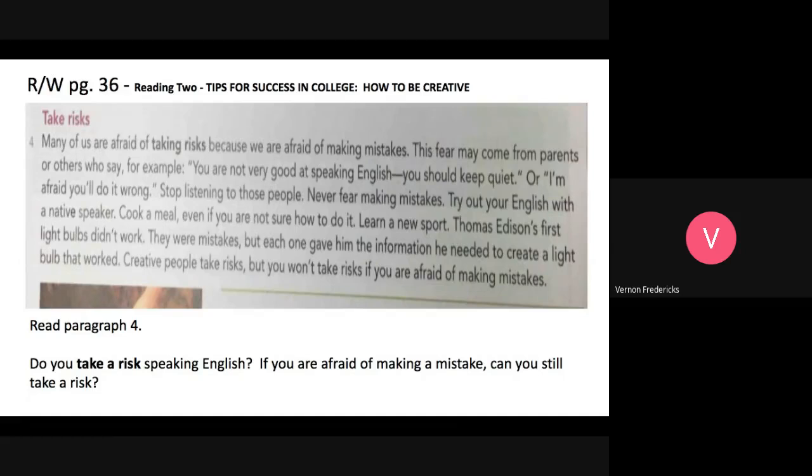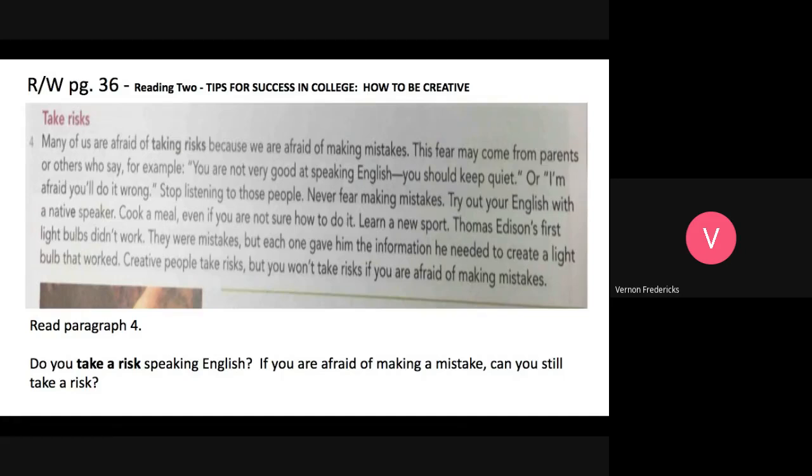Number 2, take risks. Many of us are afraid of taking risks because we are afraid of making mistakes. This fear may come from parents or others who say, for example, you are not very good at speaking English. You should keep quiet. Or, I'm afraid you will do it wrong.